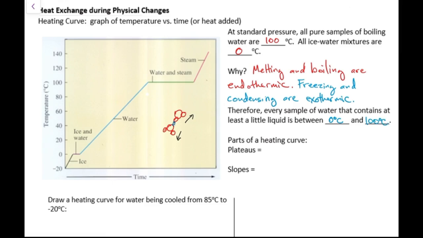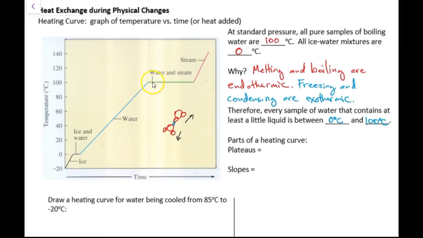Because the freezing point, if you have ice water that's melting or freezing, depending on whether you have it out in the room or in the freezer, whichever one's happening, those processes will either absorb or release heat, keeping the temperature constant, keeping that plateau happening at 0 degrees Celsius.